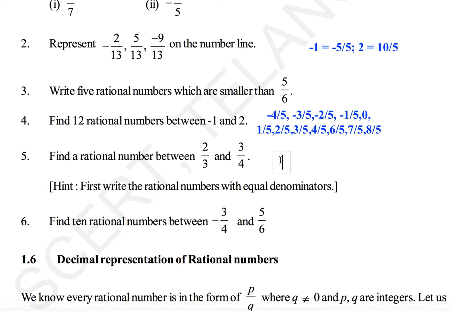Then this becomes 8 by 12, and the next one becomes 9 by 12. 4 twos are 8, 3 threes are 9. 8 by 12, 9 by 12. Now average it: 17 by 24. That is the average, so that lies between these two rational numbers.